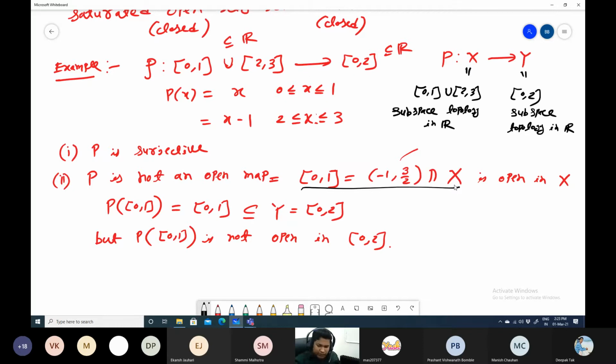The image of 0, 1 will be 0, 1 by this map only. And this is a subset of 0, 2. But this is not open in 0, 2. Why? Because this is just 0, 1 and 1 is not an interior point.